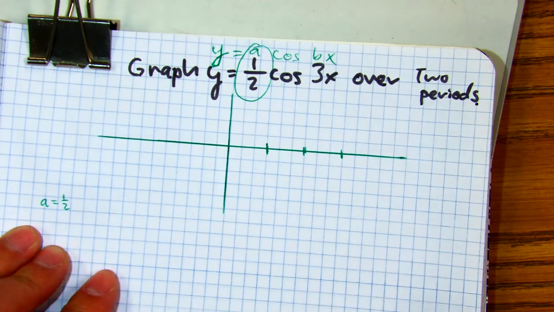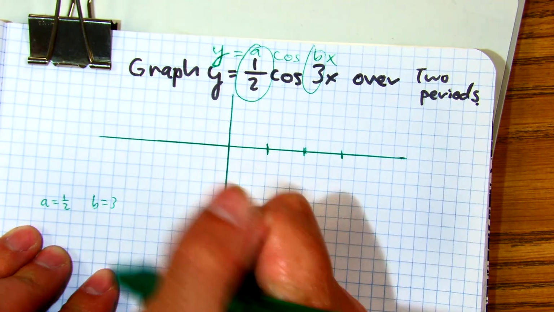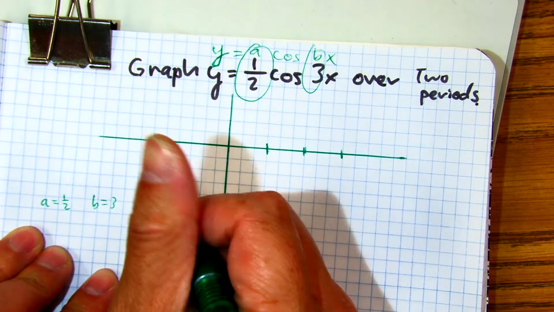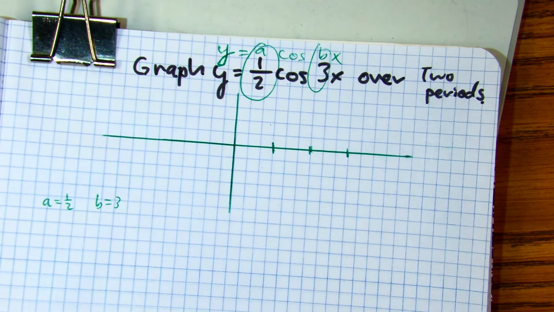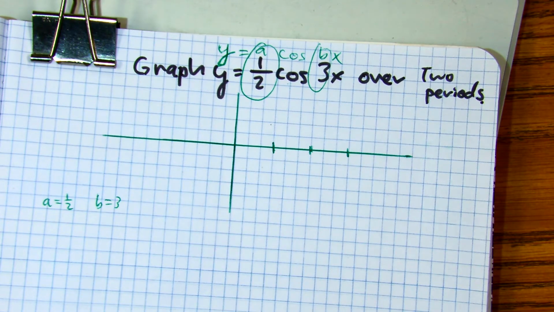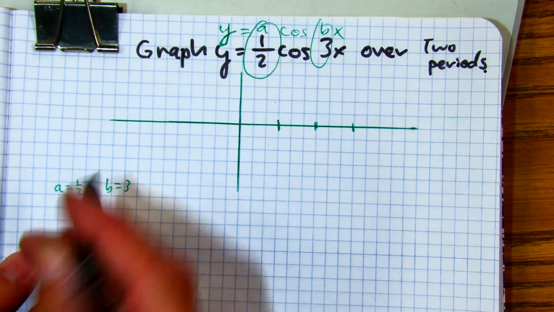And your B value? 3. Oh, I'm not asking you for what step we're on. I'm just asking you what to do next. Oh. Rita, what do we do next? Yes, what is the formula?